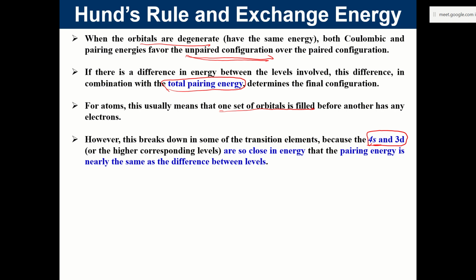This happens because they are so close in energy that the pairing energy is nearly the same as the difference between the levels. So there's a tendency that the electron may go to the 4s first and then 3d. So we will have more on this in the offline class tomorrow.